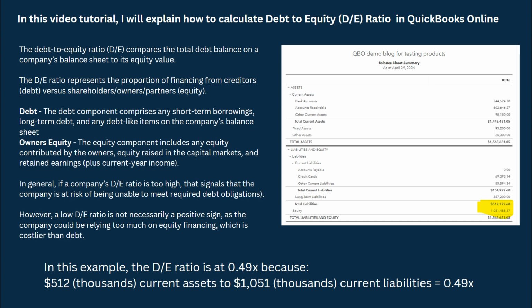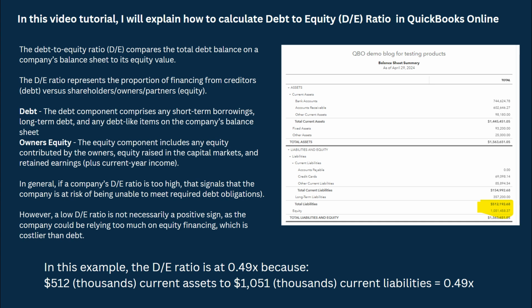And then the equity is your value, like how much money you put in for your business. It could be from your shareholders, your partners, your own, or any number of owners. So that's the equity.